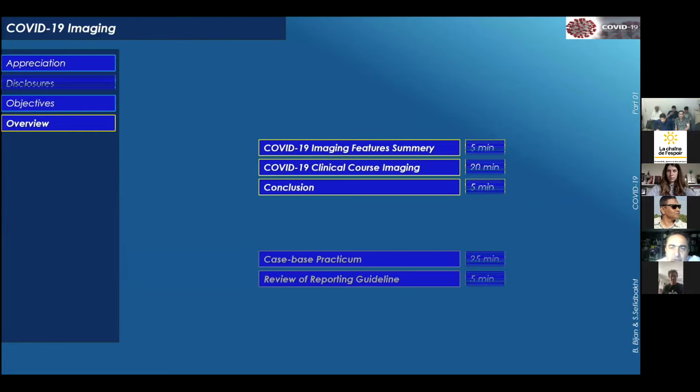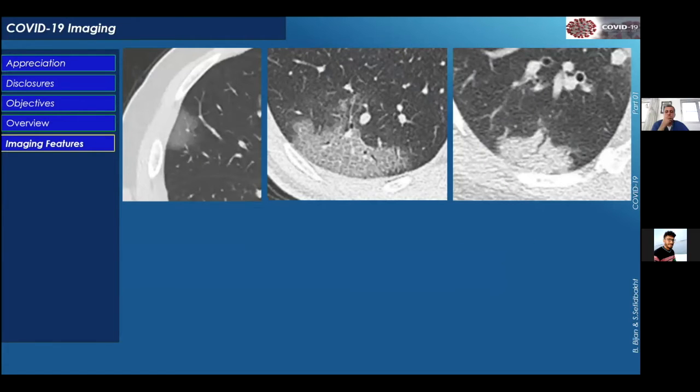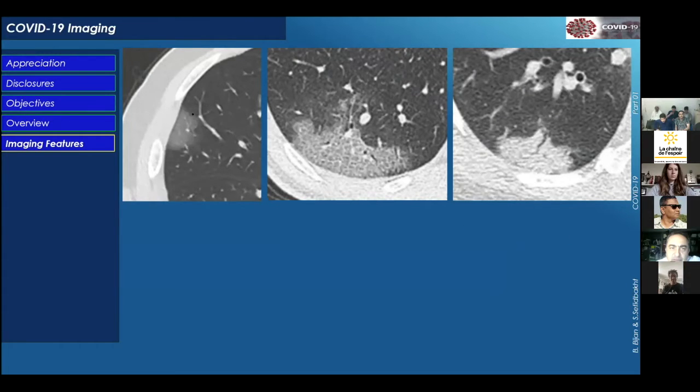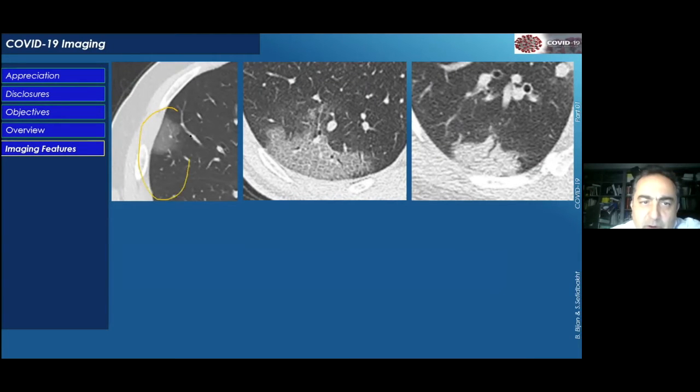Very good. Let's start with a very quick review of what we said last time. The three important imaging features that we pay attention to: number one is the ground glass opacity, where you can actually see the structure of the lung through it. It's like a hazy glass.